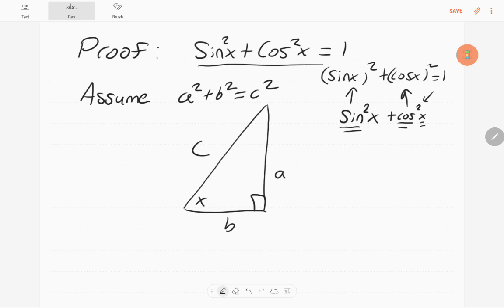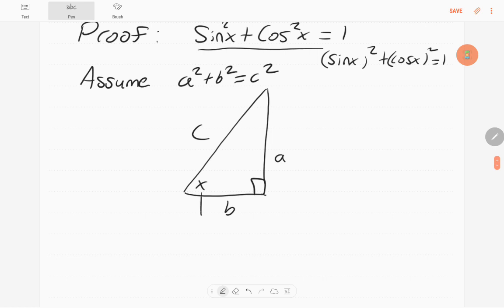To do that, I want to assume the Pythagorean theorem, and then I'm going to create just a right triangle to help me show it. So this isn't really a formal proof, because I'm using a picture to help, but it is proving the concept here. To start, notice that the angle I'm referring to is this x.